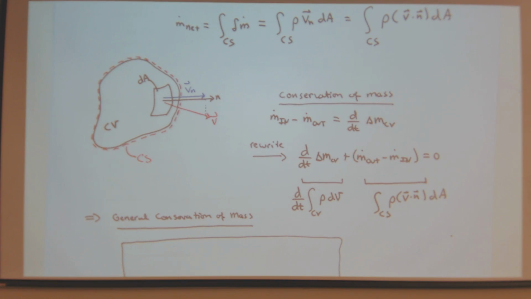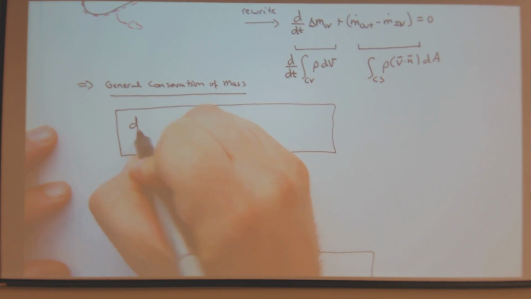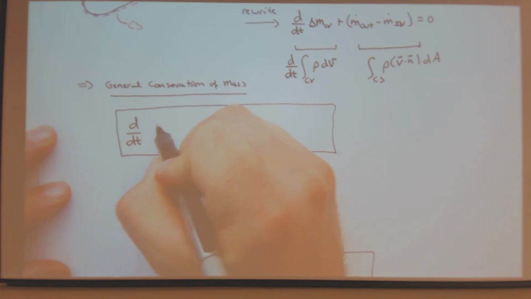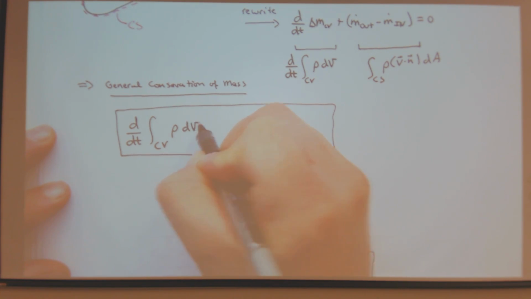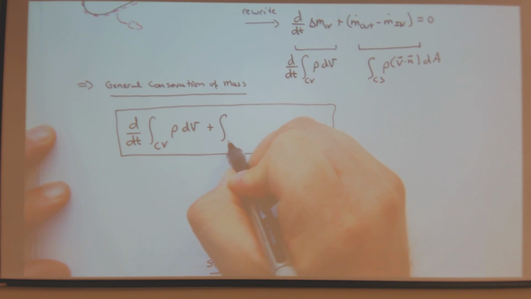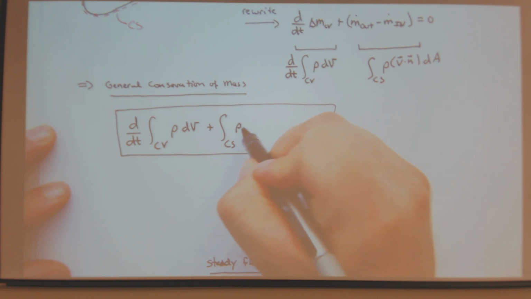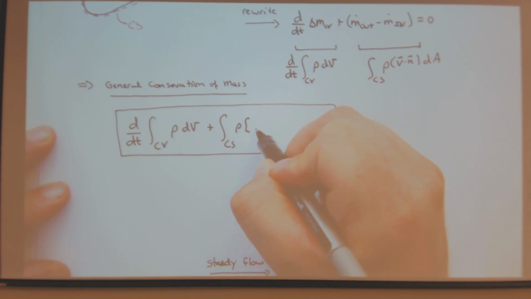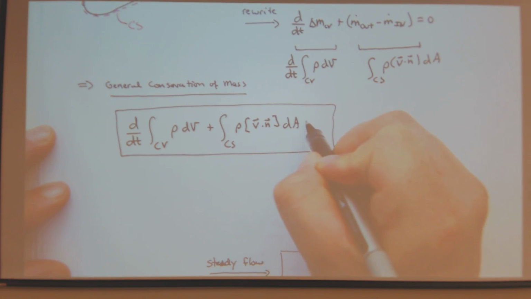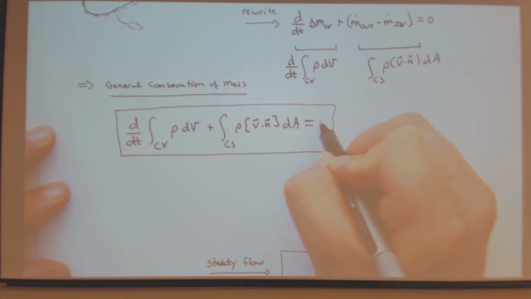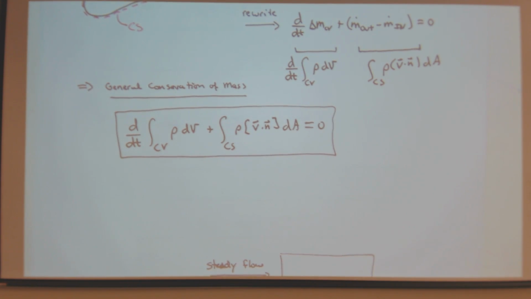So general conservation of mass follows this same type of principle where I have d dt of the integral over the CV of rho dV plus the integral over my control surface equals 0.